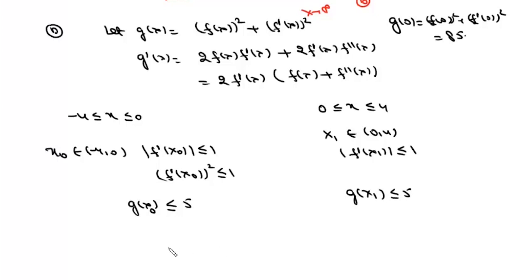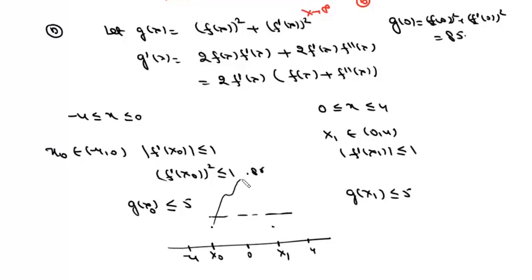Now if we look at this interval between x0 and x1 which lies between -4 and +4, this function will take some value which is less than 5, and it'll end at a value which again is less than 5, and at 0 this value is 85. So this function will increase and decrease in some way, and then this value is going to come back to this lowest value.